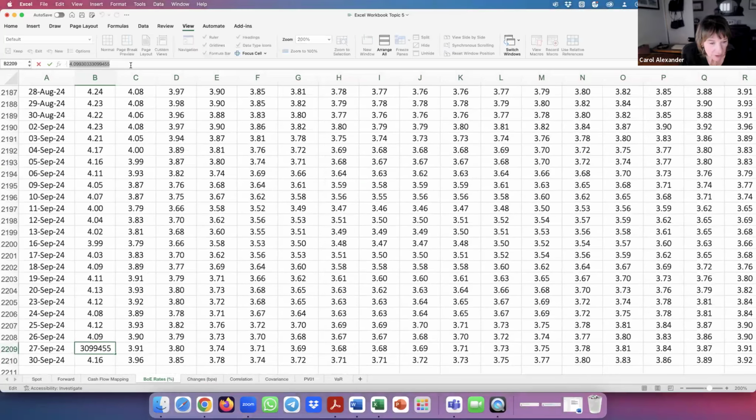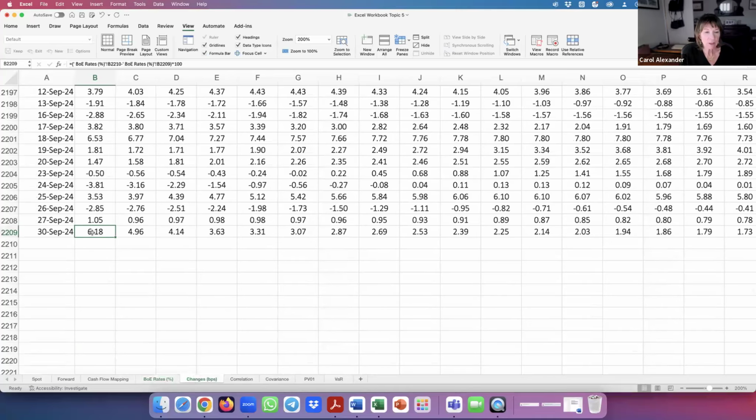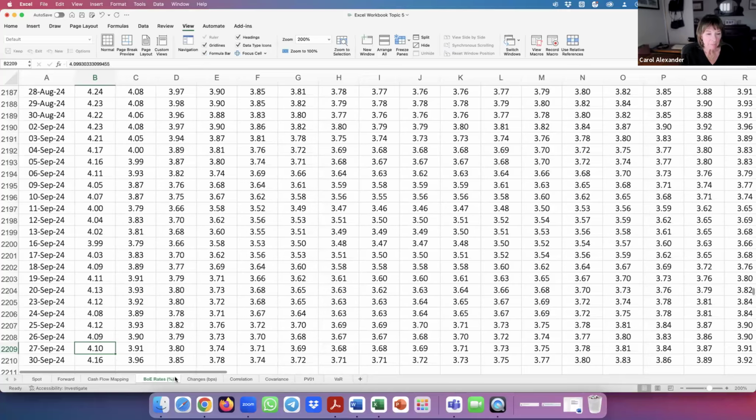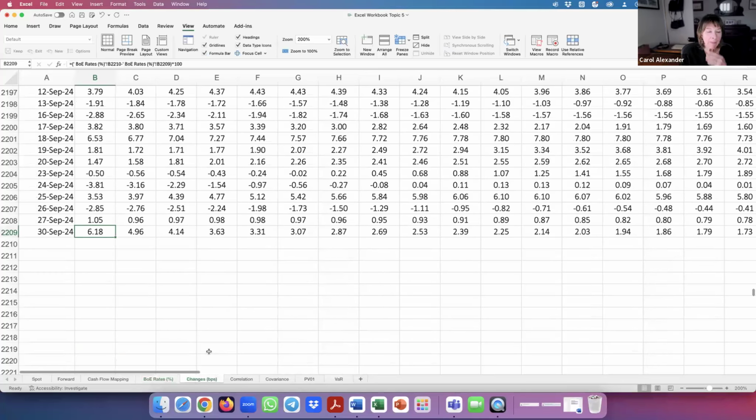It's a very accurate measurement of these interest rates. Similarly here, every little bit matters, and you've got very large sums. Taking 4.16, whatever it is, from 4.99, whatever it rounded up to 4.10, gives me this number here, which is 6.18. It looks like 6 here, but it's not, because those are very rounded.